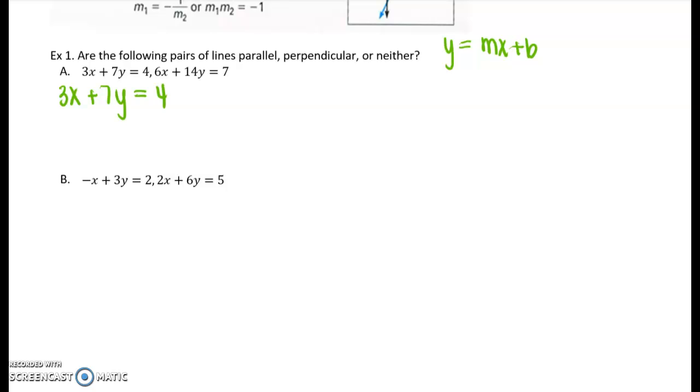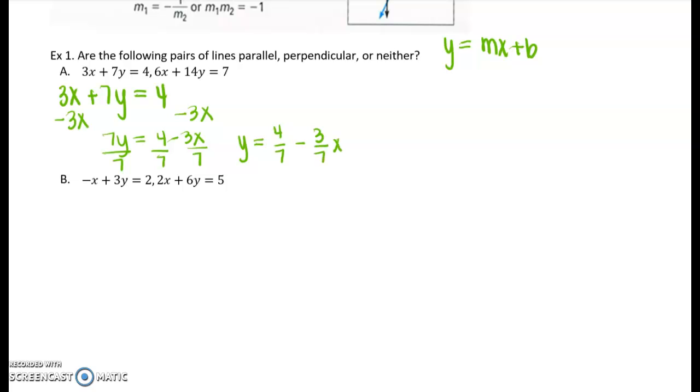So I'm going to try to isolate the y. I'm going to subtract 3x, and then divide by 7. So I get y equals 4 over 7 minus 3 over 7x.